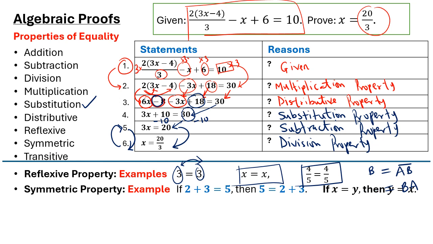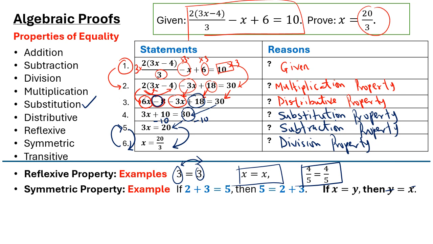Another property of equality that we have here is the symmetric property, from the word symmetry. For example, if 2 plus 3 equals 5, then 5 will be equal to 2 plus 3. This is what you call flipping. You're flipping from left to right and not changing anything.